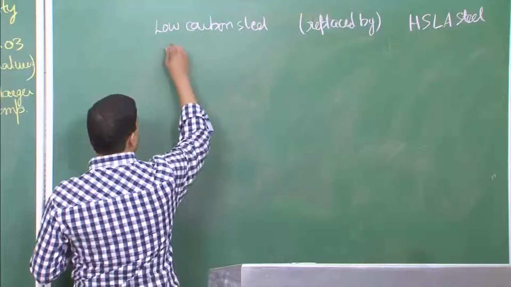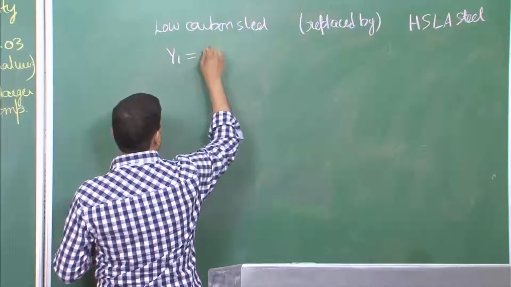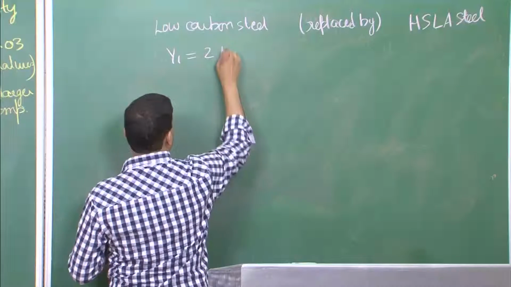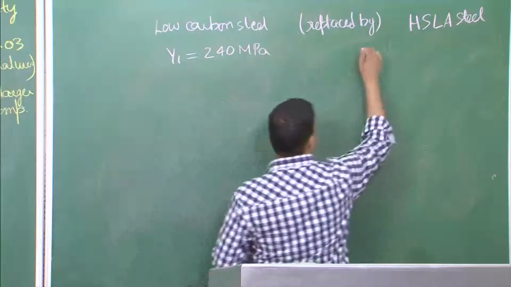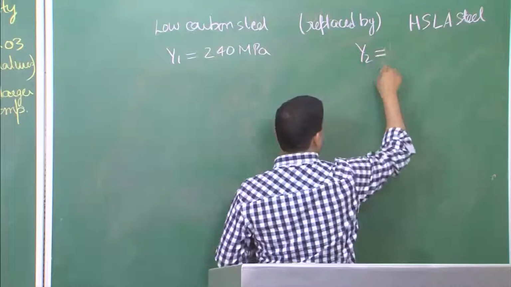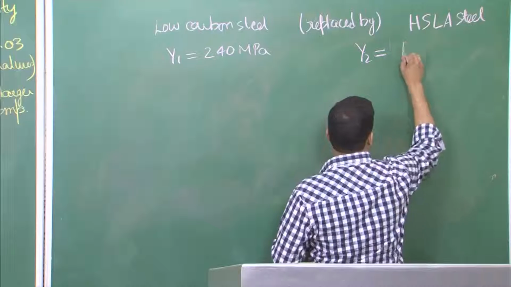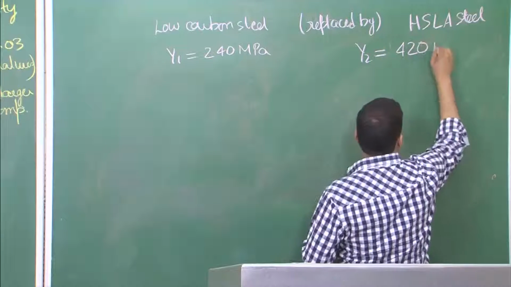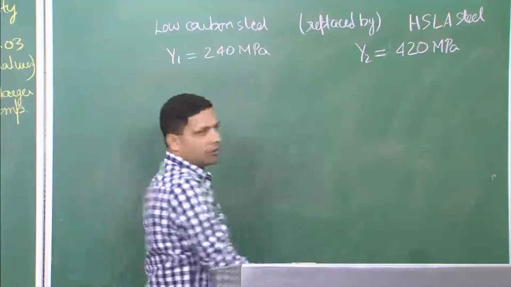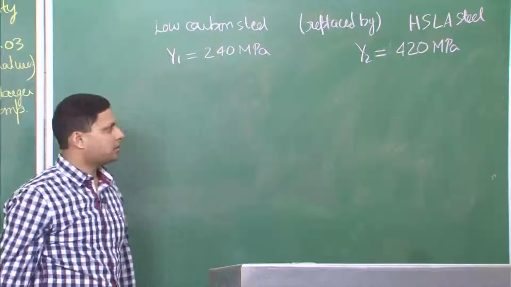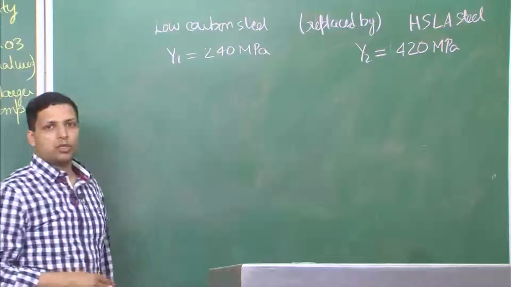Now, let us say Y1, the yield strength for this material, is given as 240 megapascal, and Y2, this certainly is a much higher strength material, is 420, because if you are replacing this by that, it must have higher strength, and both of them are steel. So, mostly iron.